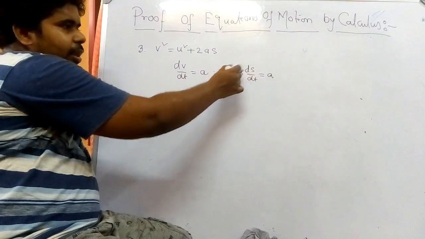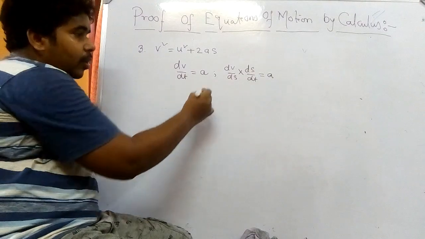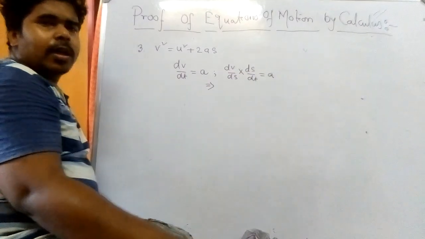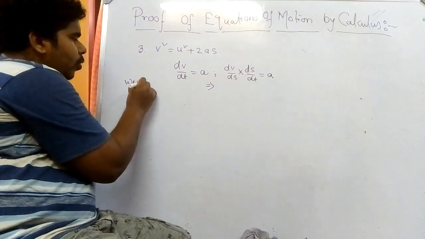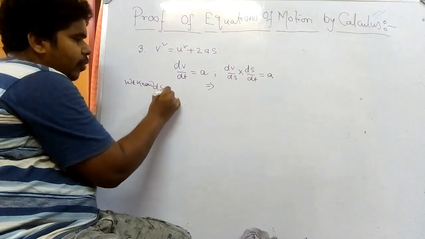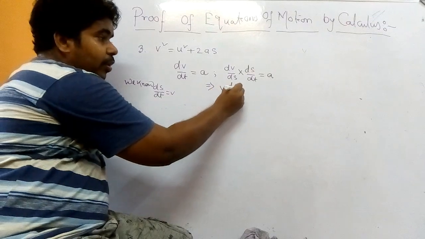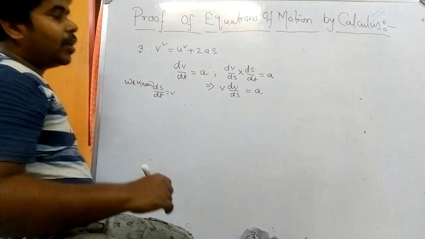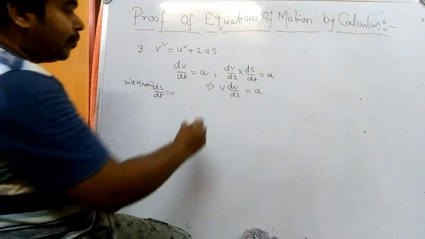Okay, so you see ds will be cancelled out, it is dv by dt. Now ds by dt means what? ds by dt means v, that we know that ds by dt equals v. So here we can write v into dv by ds equals a. v into dv by ds equals a.